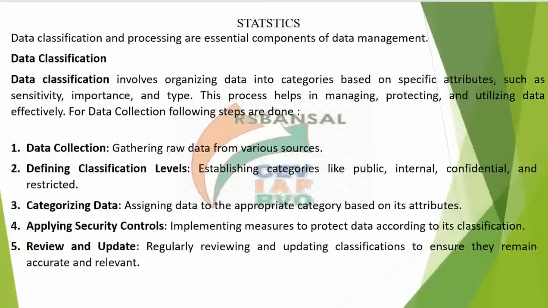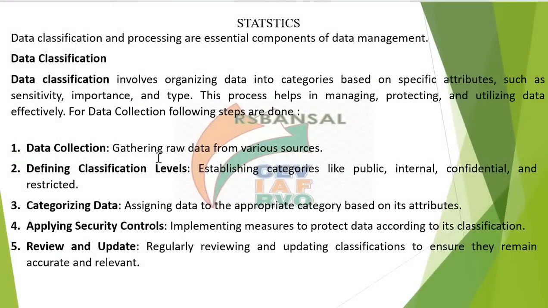So what will this process do? This process will help in managing, protecting, and utilizing data effectively. For data classification, the following steps are done. First thing is you have to collect the data. So you have to collect the raw data from the various sources.